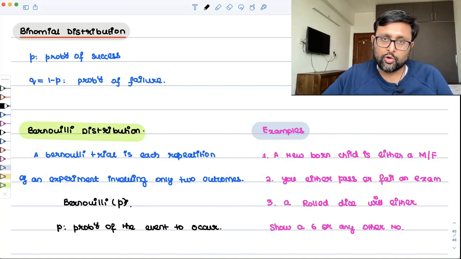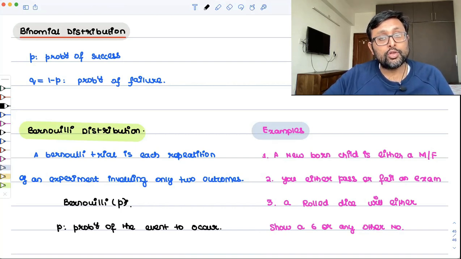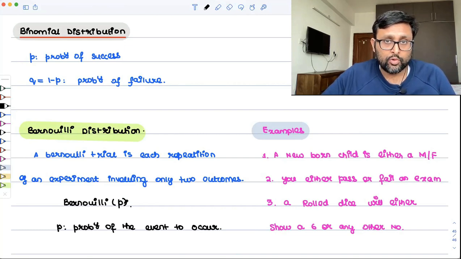So for example, you toss a coin, whether you will get head on the first toss is not going to affect the probability of getting head or tail in the second toss, right? Repeated. What do you mean by repeated? Repeated is that the conditions in which you are experimenting are going to remain same. So hopefully you have taken up the unbiased coin.